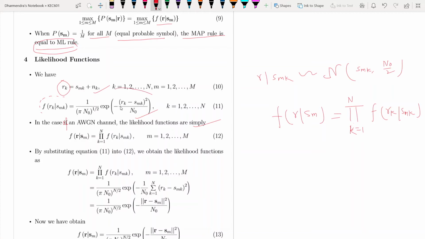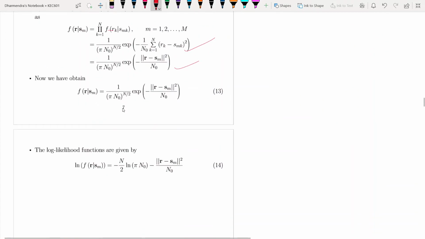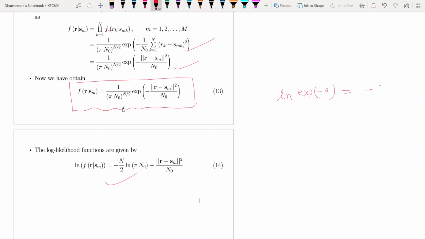Substitute this expression and simplify. I can write this in vector form also. So now we have this likelihood function. Sometimes we write the log likelihood function, so I will take the natural log of both sides in equation 13. I can write it like this, because the natural log of exponential of minus a is minus a.